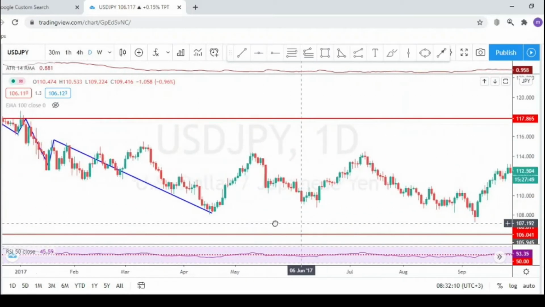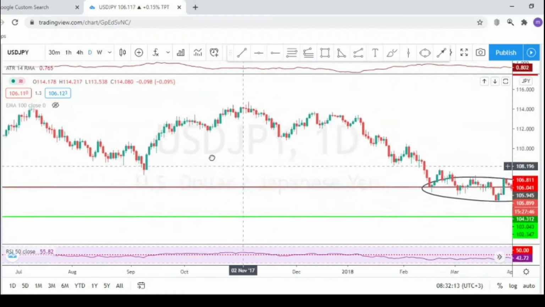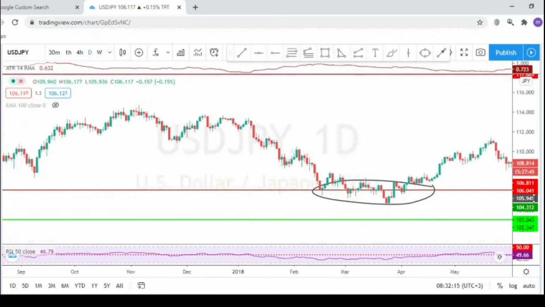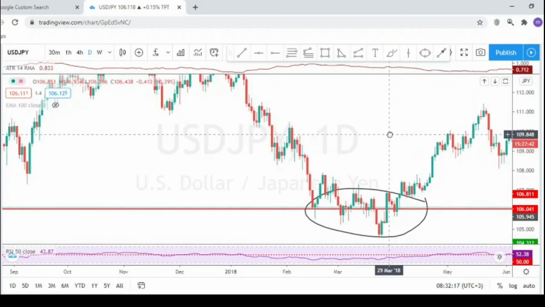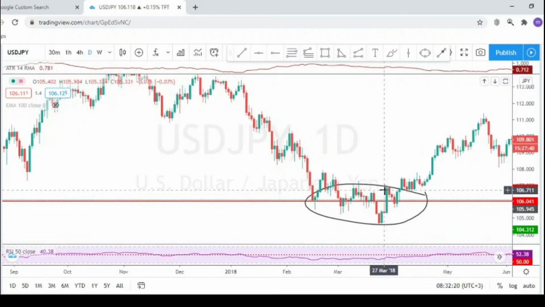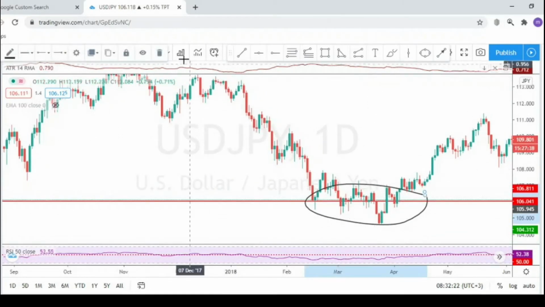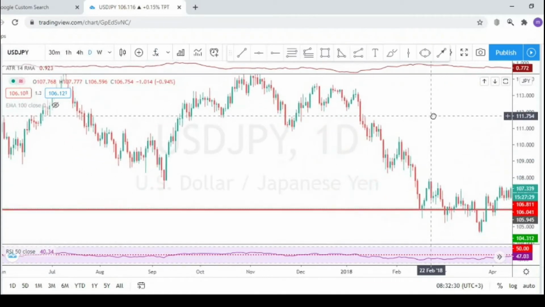So let's look for another example. Another example is here. I circled it already so that I keep this video short.